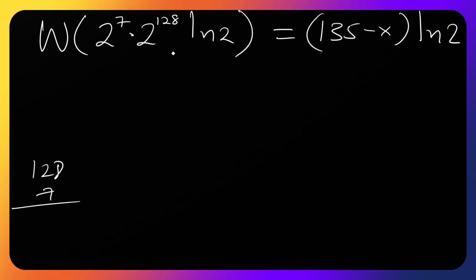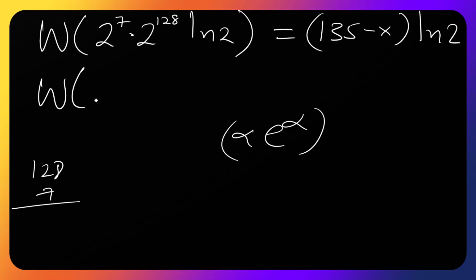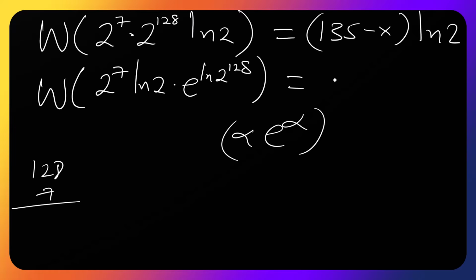Now let's adjust this one in such a way that we also get alpha times e raised to alpha. So I will make this side 2 to the power 7 ln of 2, times 2 to the power 128 ln of 2. Instead of this, I'll make it e raised to ln of 2 to the power 128, equals 135 minus x ln of 2.